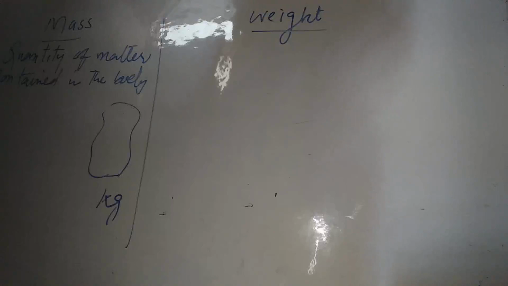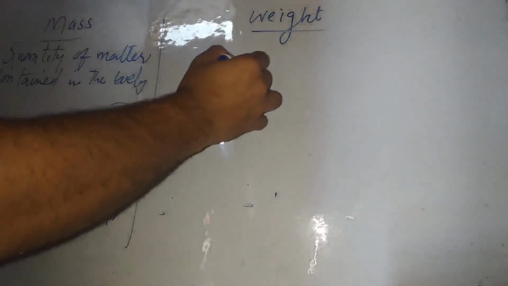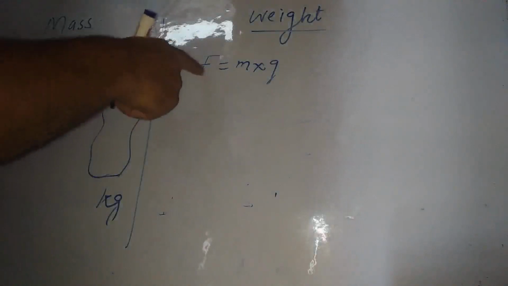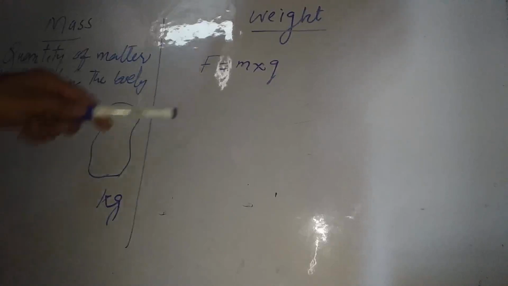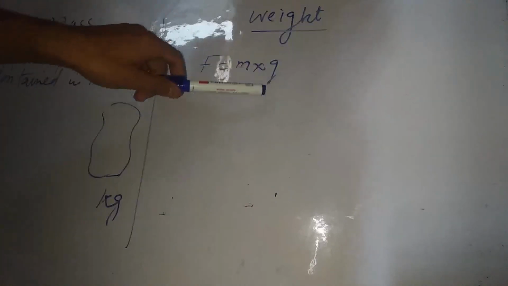It also depends on the acceleration due to gravity. हमने ये पढ़ा है कि F is equal to mg: force is equal to mass multiplied by acceleration due to gravity. So if mass is greater, the force is greater between the two objects, and if acceleration due to gravity is greater, the force is greater.